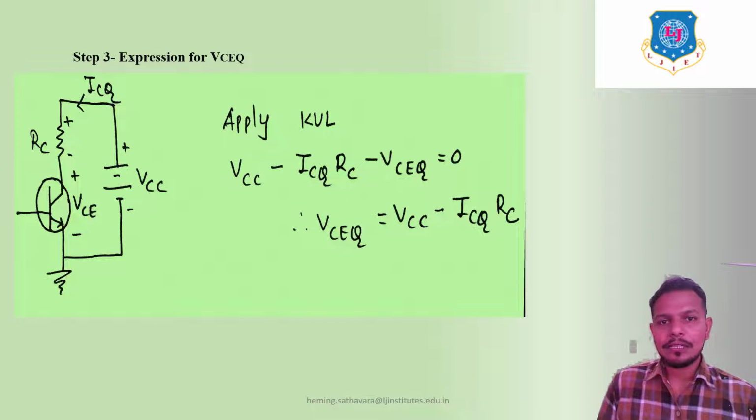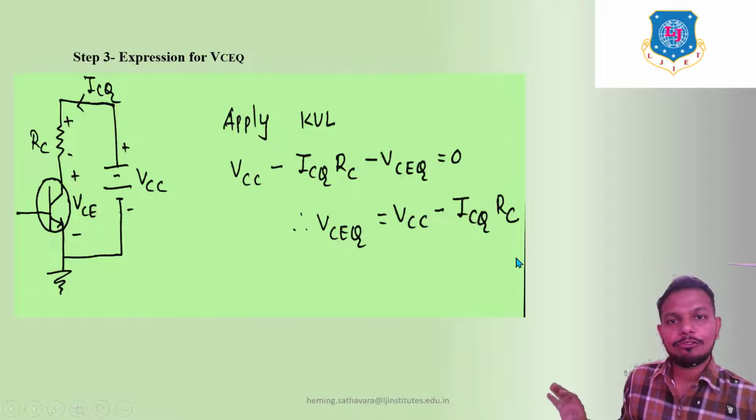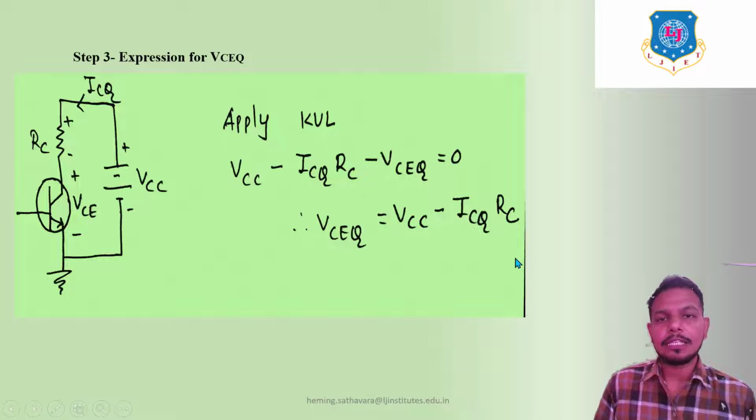Here Q means quiescent point. When defining the quiescent point or stabilization, VCEQ becomes the subject and is equal to VCC minus ICQ into RC. So this is your final expression for VCEQ.